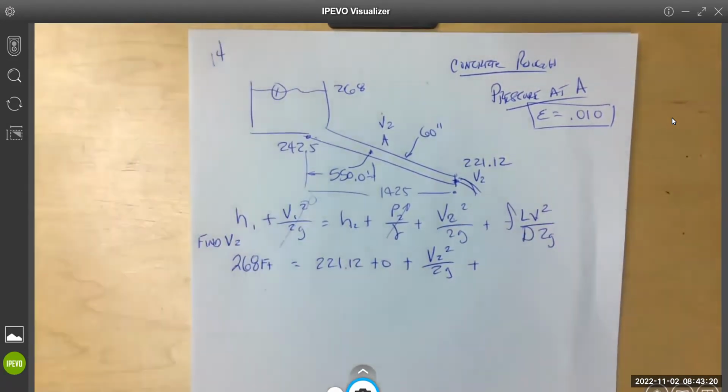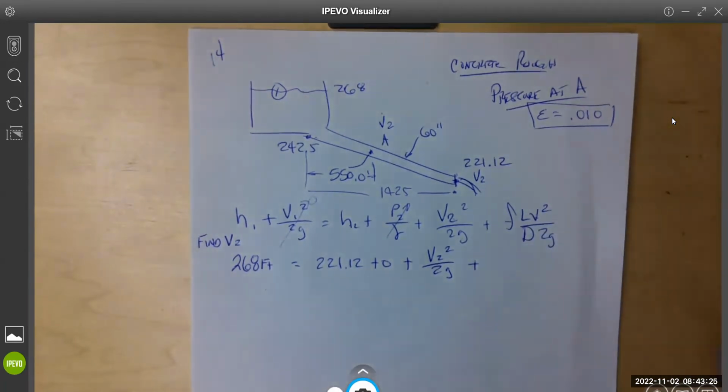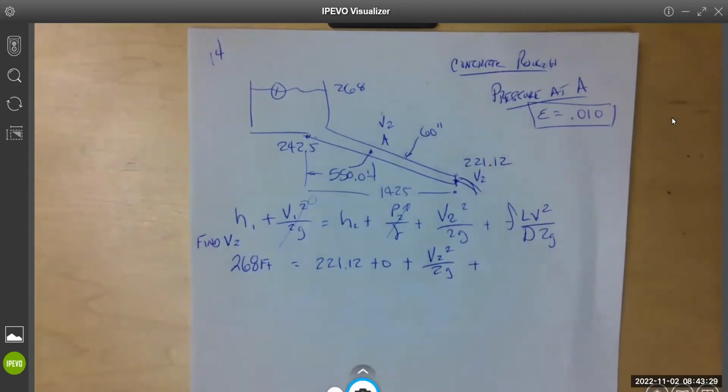And I do have to consider friction. So how do I get f? Moody's diagram, right? But we don't know velocity, and we don't know f. What we did in last class is make a guess. So we make a guess at that friction factor, right?